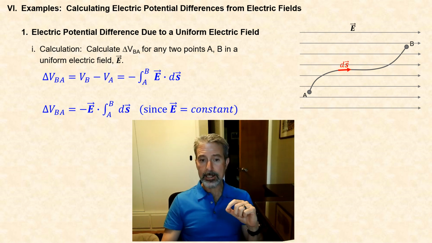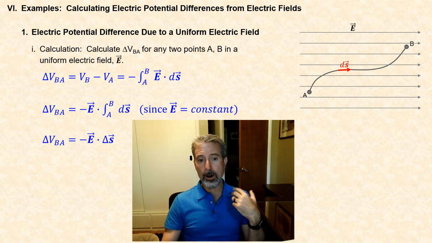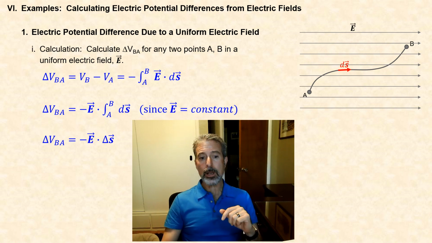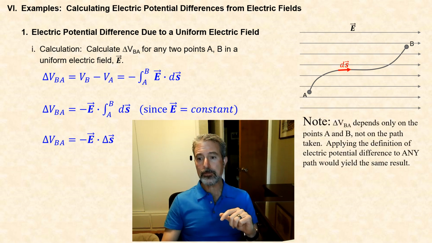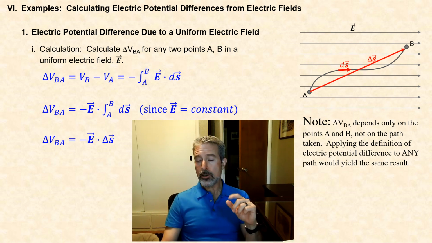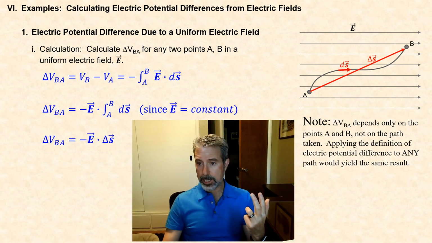When you sum up all of your infinitesimal displacement vectors to get the total displacement, you end up with a displacement, delta S, which I'm going to show you right here. Note here that the potential difference depends only on the points A and B and not on the path taken.